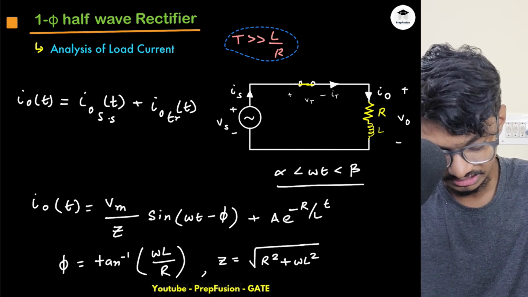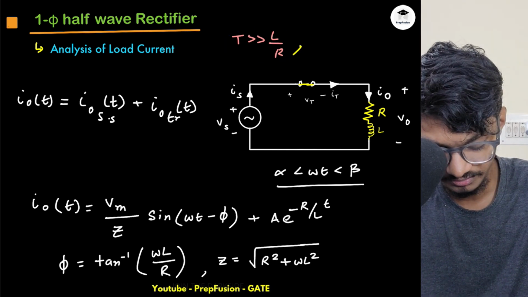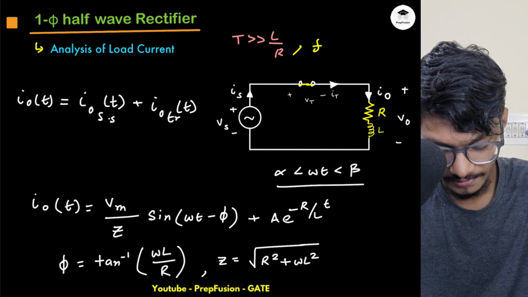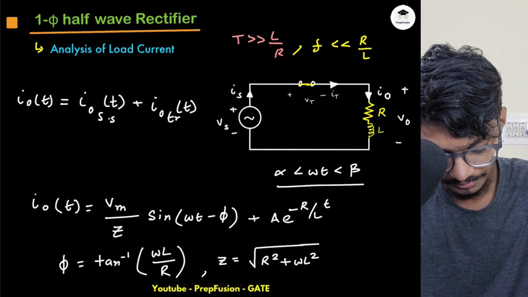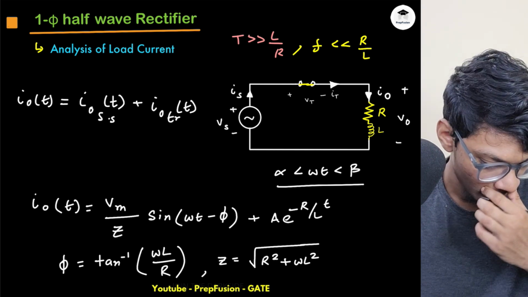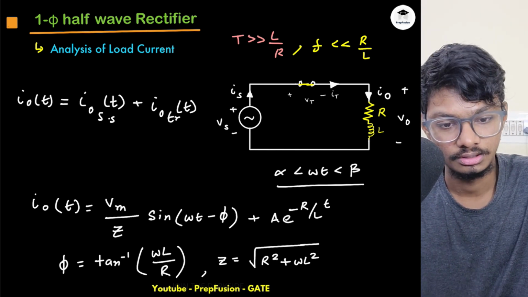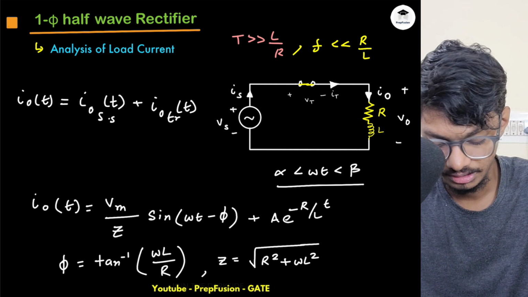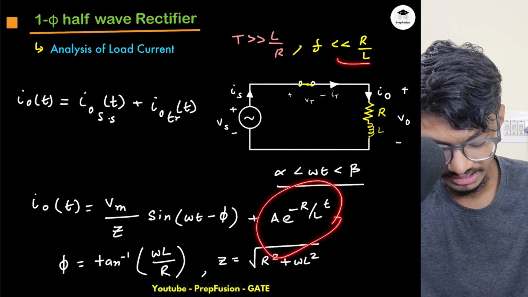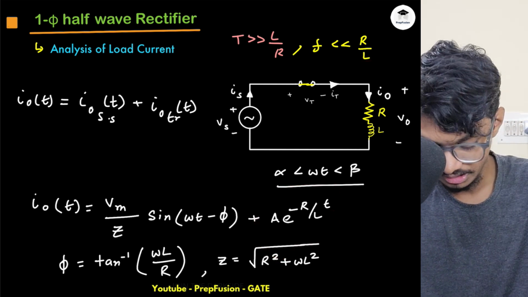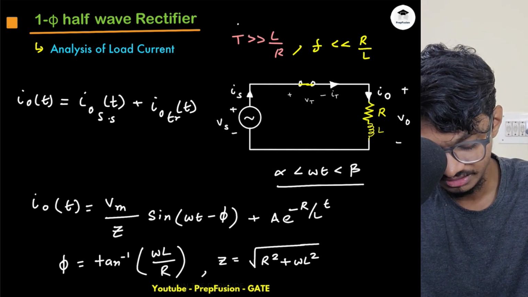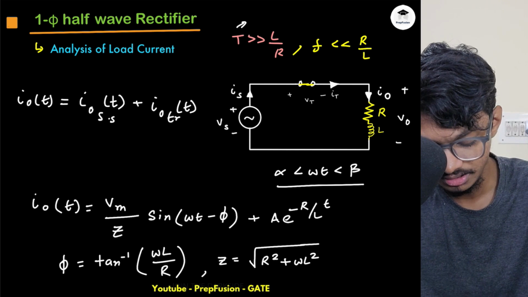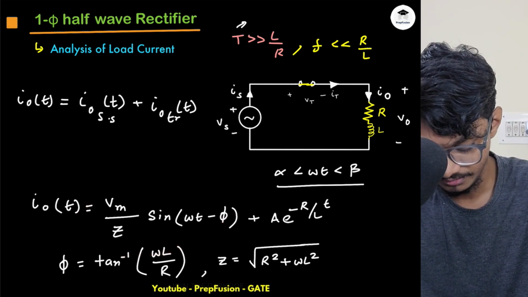But I can say the condition: I can flip these things, f has to be much less than R by L. If my frequency is much lower than the ratio of resistance and inductance, then I won't have any transient because it will have enough time to settle. So I will only see this steady state response.